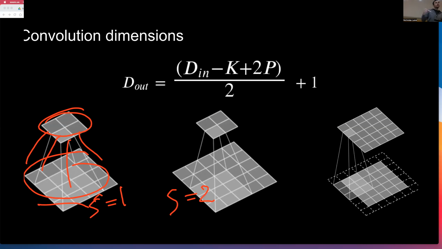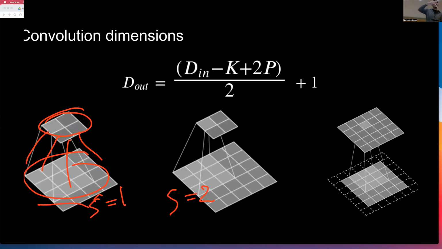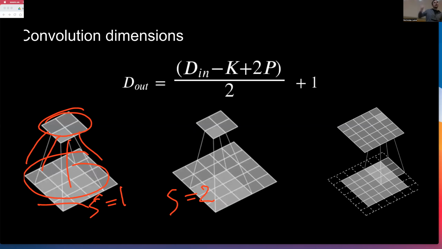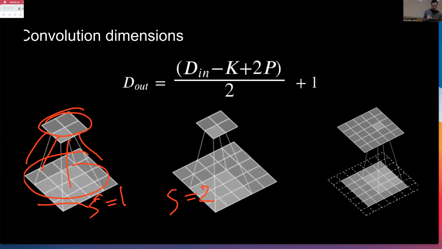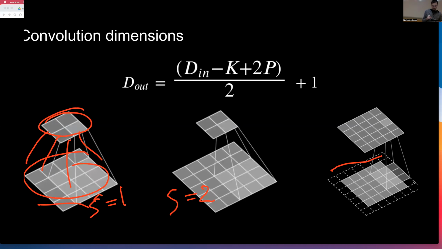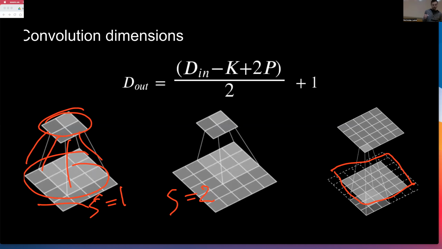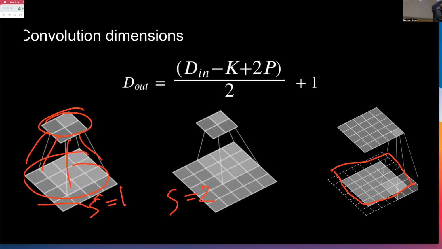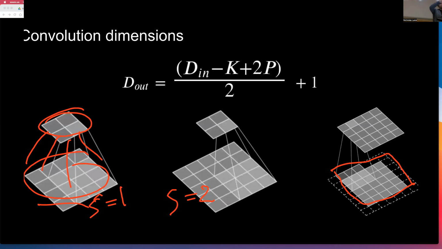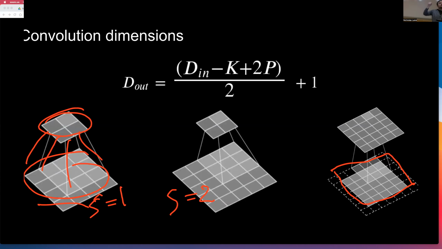That can sometimes be necessary to capture information at the edges of the input. So you can see here we have a padding of 1 surrounding the actual input, and that enables the kernel to be applied slightly off center, so at position -1 and then moved around.